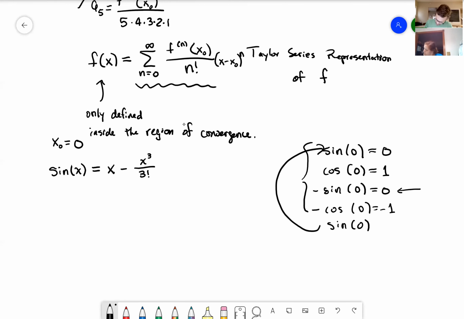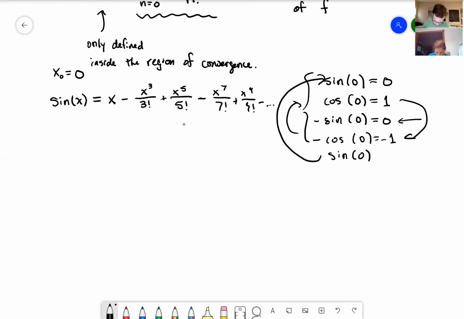Now the next time we get to a non-zero one will be the 5th one. So this will be plus x to the 5th over 5 factorial. And then the next non-zero one will be negative 1, so it's minus x to the 7th over 7 factorial, plus x to the 9th over 9 factorial, and so on. And so this is how we get the Taylor series representation of sine of x.